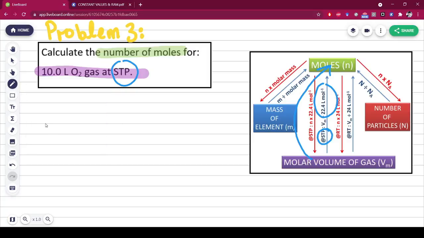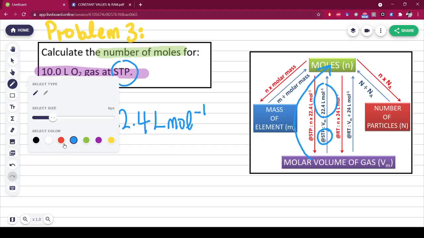10.0 liter. And we're going to divide that with 22.4 liter per mole. Okay.